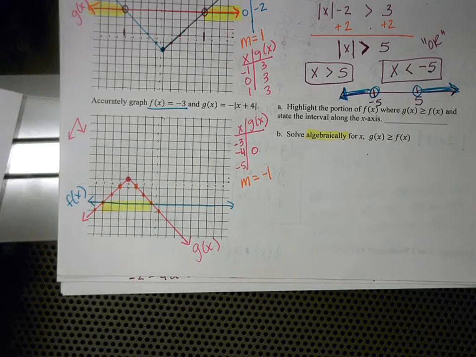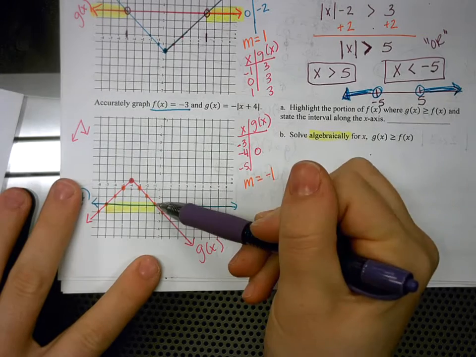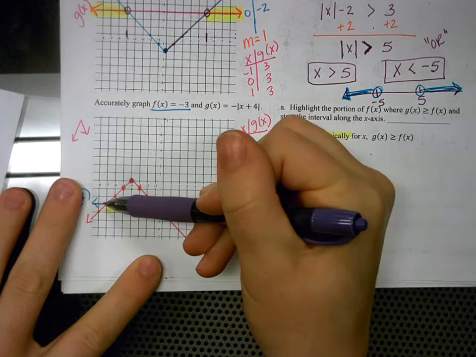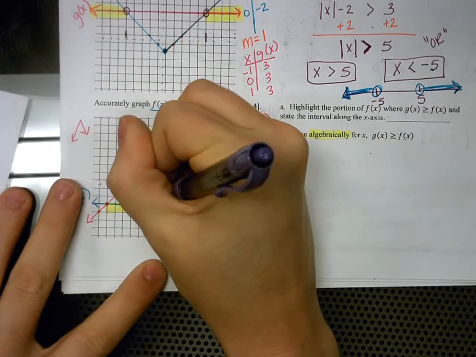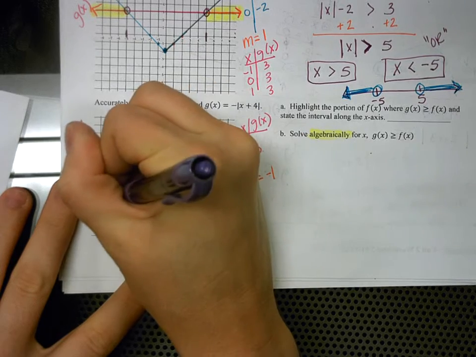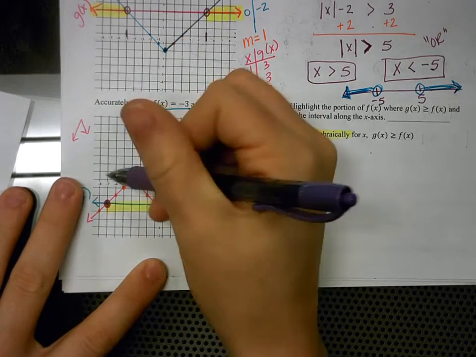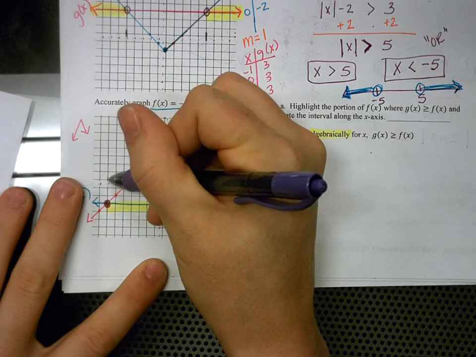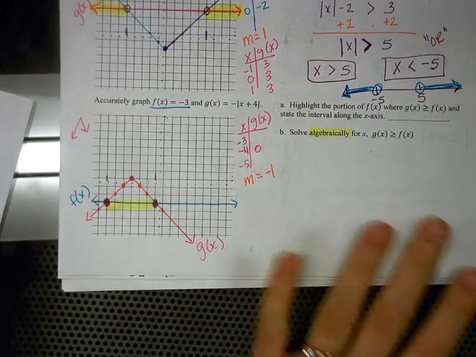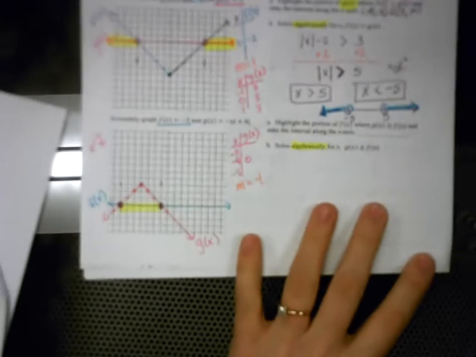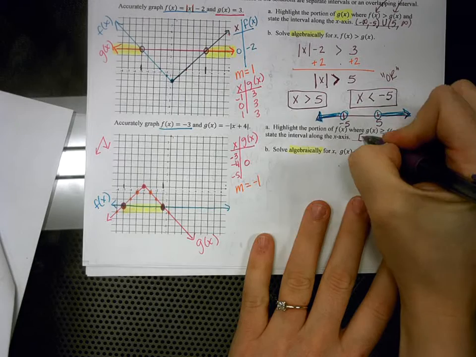So, do I want closed points or open points at those values that intersect? Closed, because we know that it can be equal to those values. So we're going to go from the lowest to the highest x value of that highlighted portion to write our interval. What's the lowest x value? -7. And why did I use a bracket?